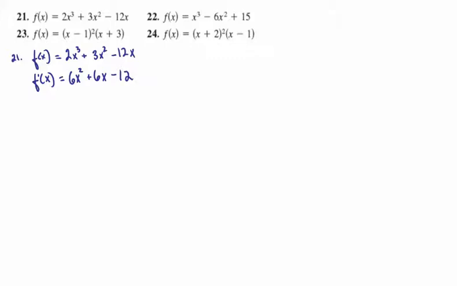And it's best to first factor that. So we'll get 6 times x squared plus x minus 2. One more simplification. That factors to be x plus 2, x minus 1.